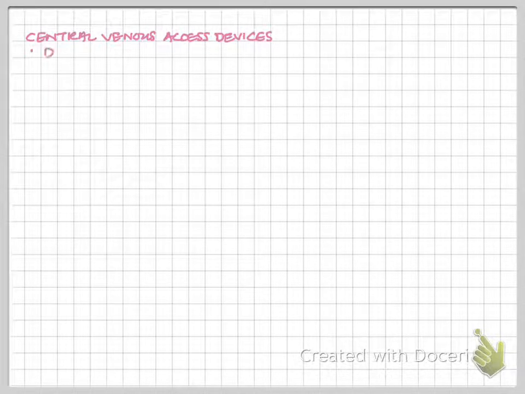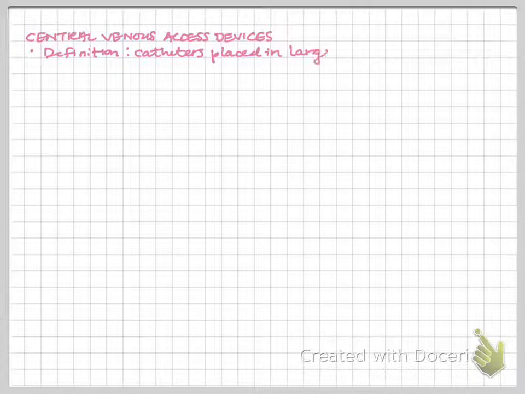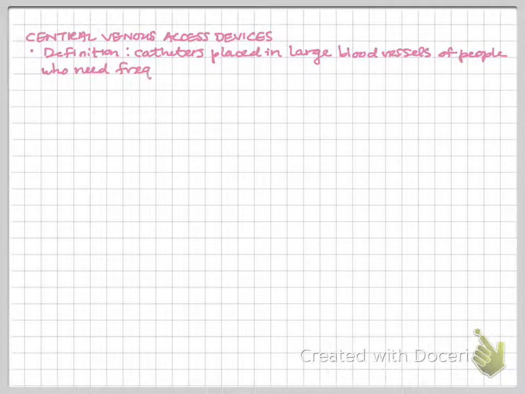So the definition of what this is, these are catheters placed in large blood vessels such as the subclavian vein or the jugular vein of people who need frequent or special access to the vascular system.